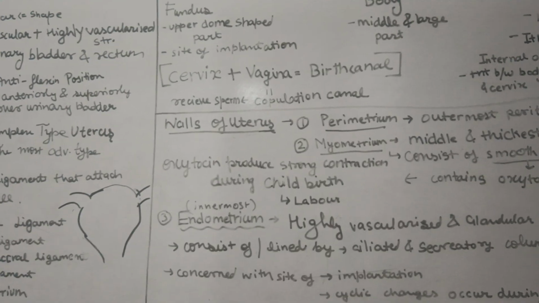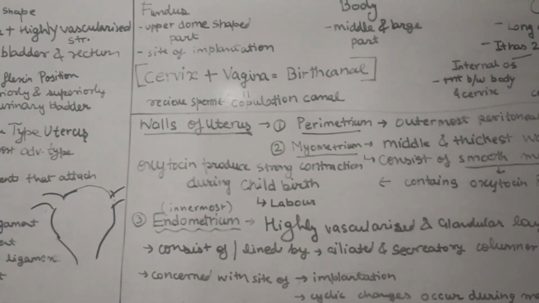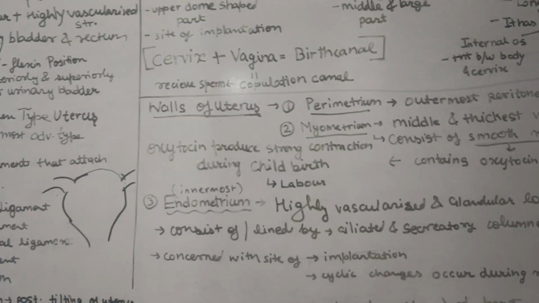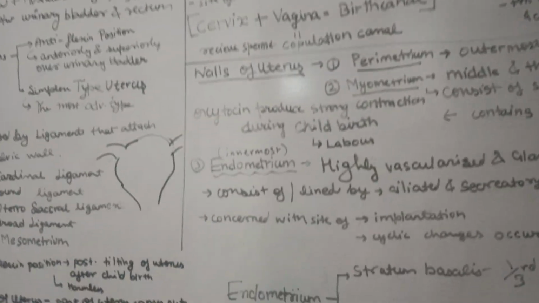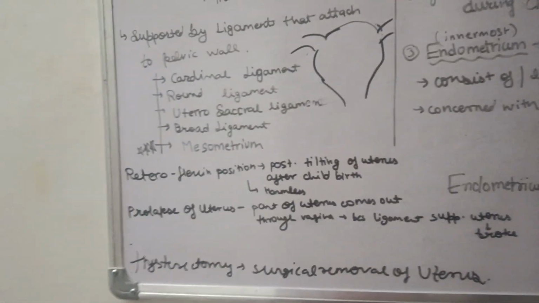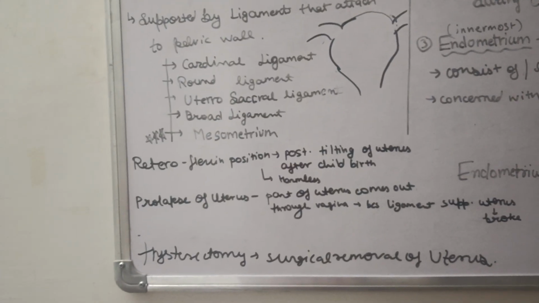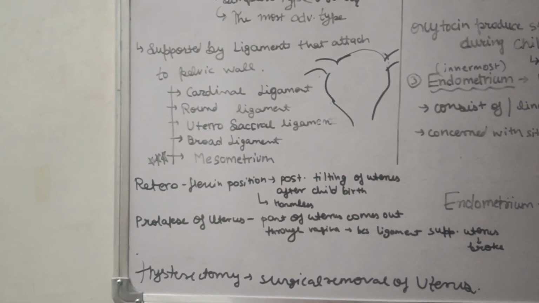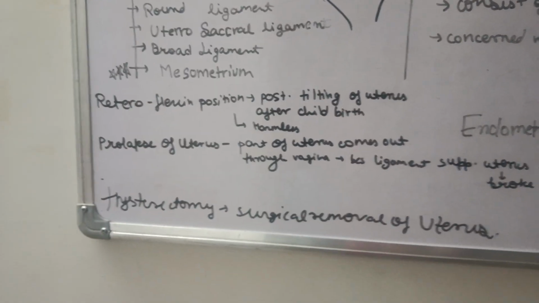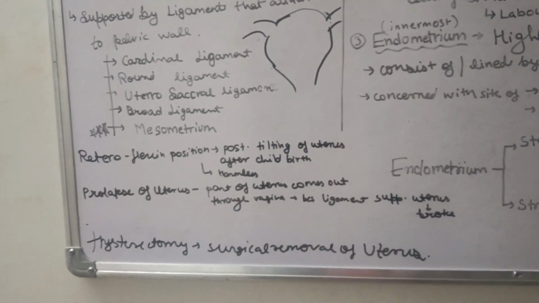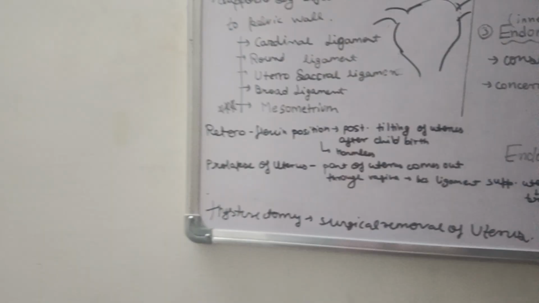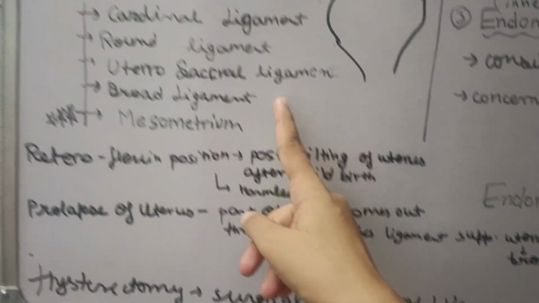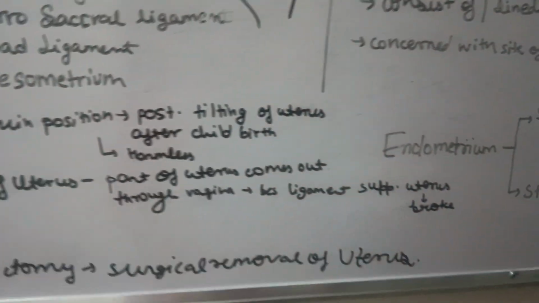Cervix plus vagina is the birth canal, because through it birth occurs, and the vagina is also known as the copulatory canal because it receives the sperm. Also, our uterus sometimes, after childbirth, tilts posterior, which is known as retroflexed position.